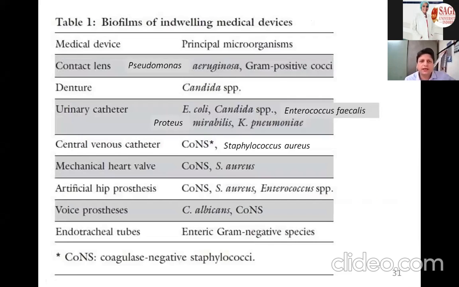Biofilms on indwelling medical devices, meaning medical devices which enter into the human body, have the problem of biofilm forming contaminant microorganisms. In contact lenses, Pseudomonas aeruginosa is very common. On dentures, Candida species are common. In urinary catheters, Escherichia coli, Candida, Enterococcus faecalis, Proteus mirabilis, and Klebsiella pneumoniae are common.